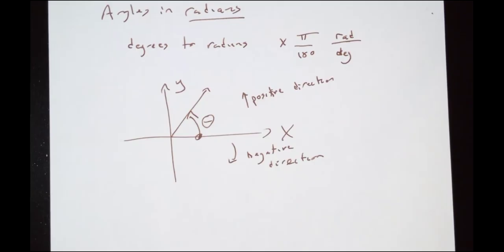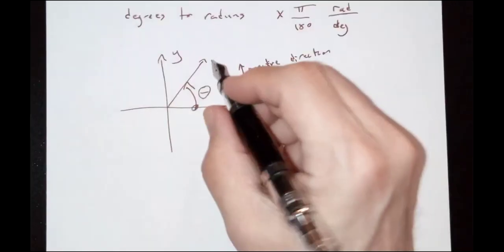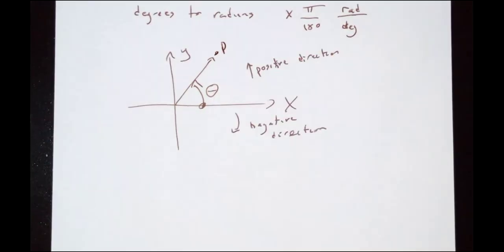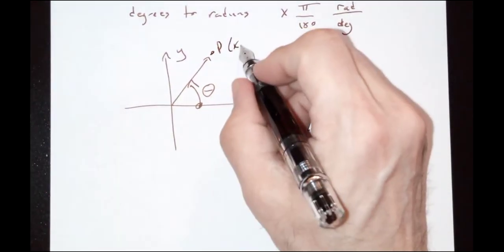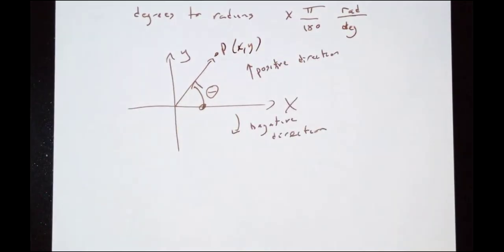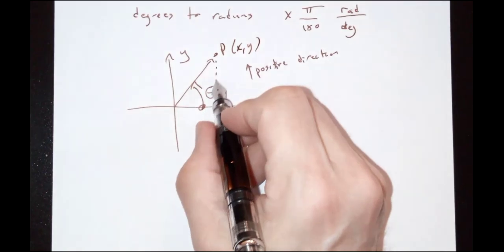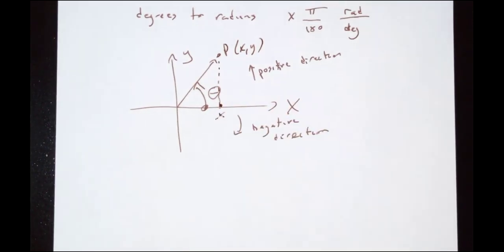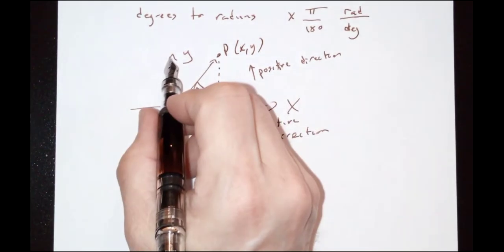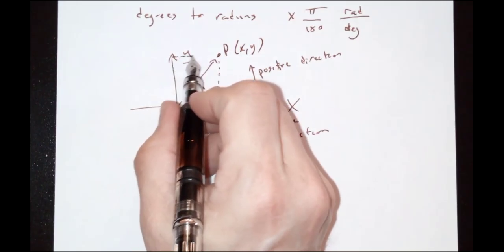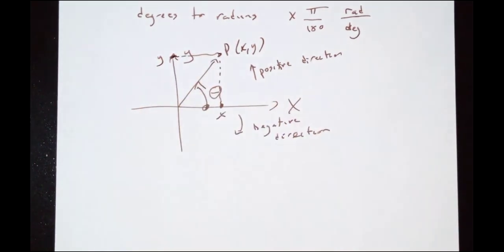I'm going to take these angles, I'm going to apply ratios to them. On this particular angle, I'm going to put a point. I don't know what its coordinates are. It's X and Y. But by definition, X will be this value. And Y will be somewhere over here on the Y-axis, right?